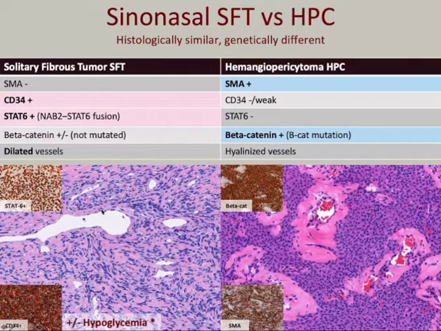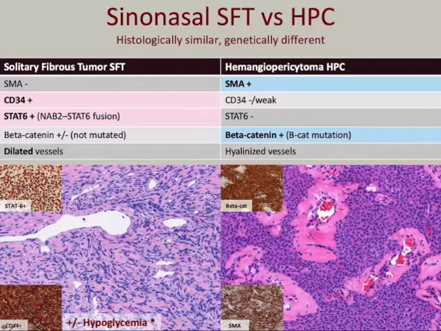In every other location of the body, brain, meninges, soft tissue, lung, other visceral organs, they are all effectively histologically solitary fibrous tumors, meaning they have CD34 and STAT6 positivity reflective of the NAB2-STAT6 fusion. In the sinus, there's this other entity that's very histologically similar. That's actually a perivascular myoid neoplasm, right? So it stains for smooth muscle actin, not CD34 or STAT6. And it's also related to beta-catenin mutation, so it has beta-catenin in the nuclei, as you can see nicely here.